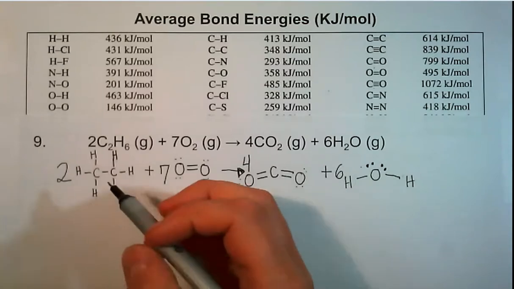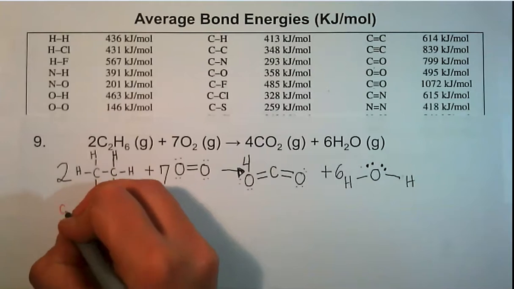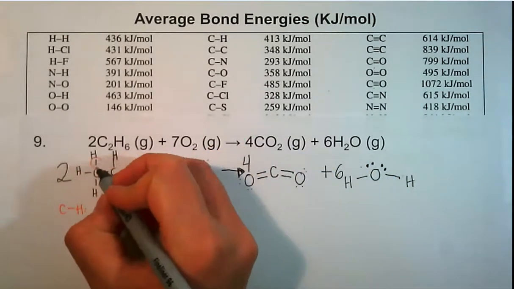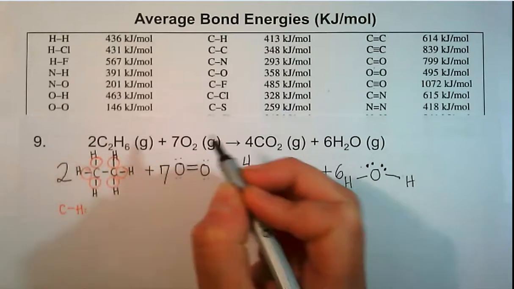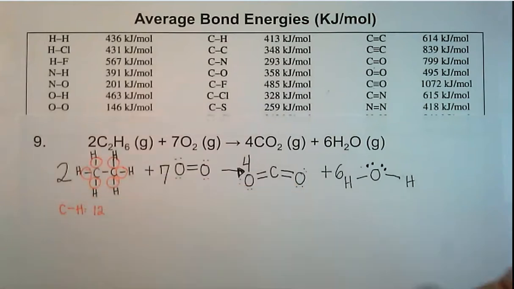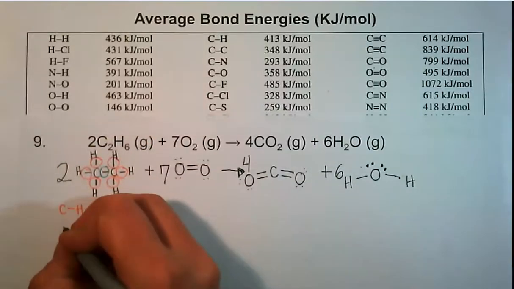Let's start counting bonds. We have carbon-hydrogen bonds. I have 1, 2, 3, 4, 5, 6 times that 2, so 12 total carbon-hydrogen bonds. Then I have this carbon-carbon single bond right in the middle here.